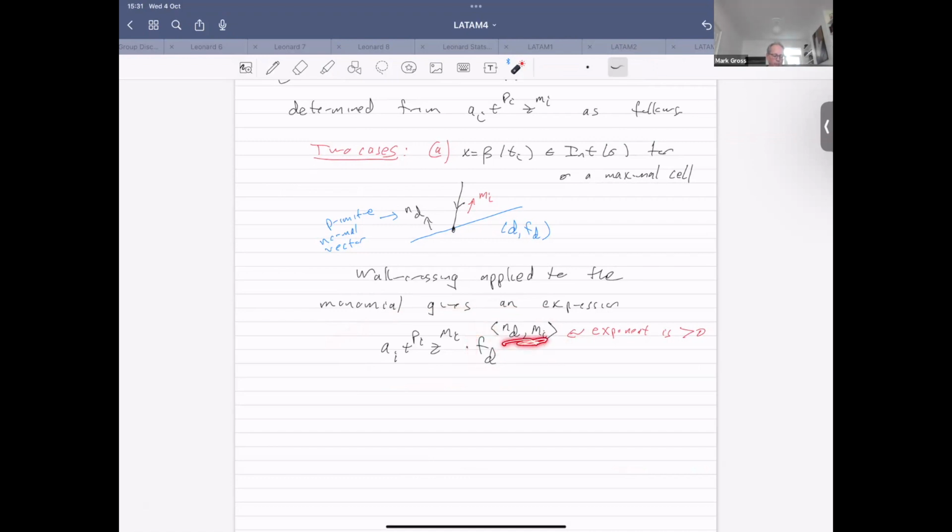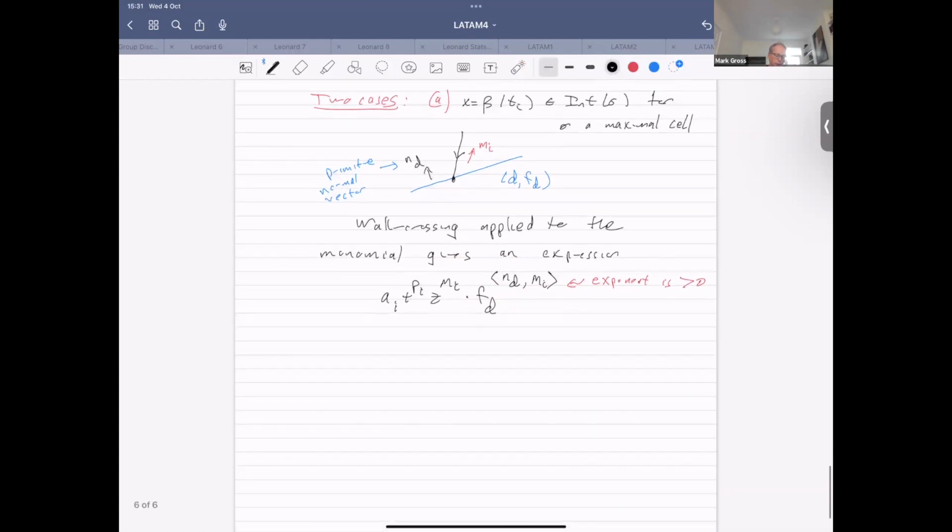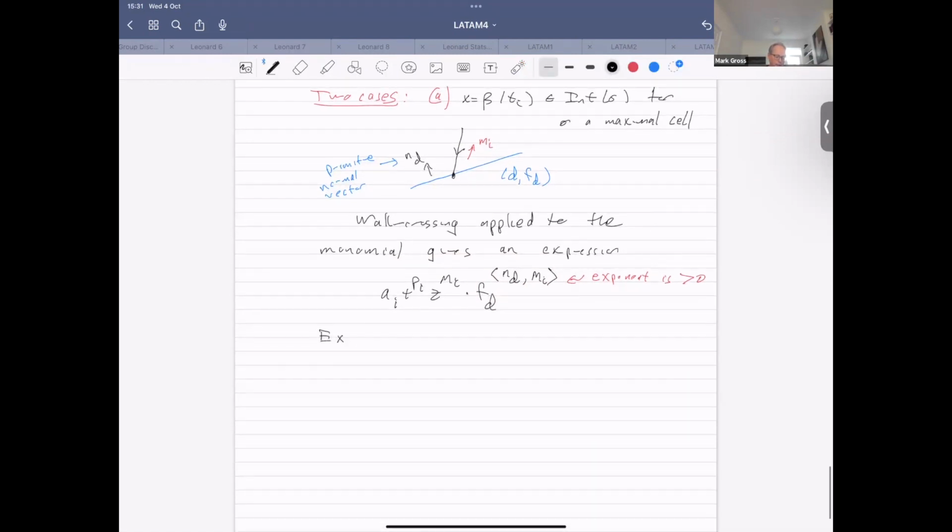Okay, so now this is maybe a very complicated expression because maybe f_D is very complicated. Maybe we're raising it to a big power. So you could expand this out into a sum of monomials. And take A_{i+1}, keep the p_{i+1}, Z^{m_{i+1}} to be one of these monomials.